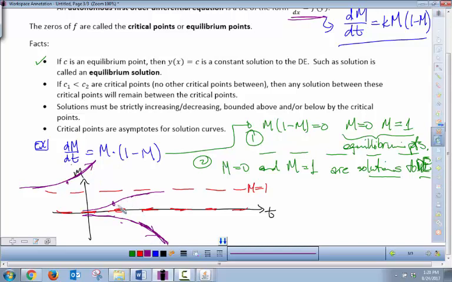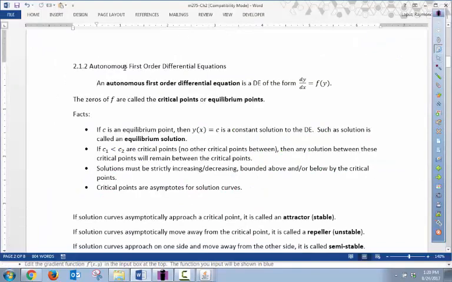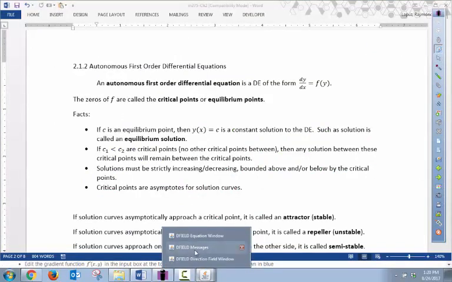And this one, I don't know if I drew this correctly, but the way I drew it, it's strictly increasing, but it could possibly be decreasing, depending on how this might look. So let's take a look at how that looks for real now. Do you guys have a preference?